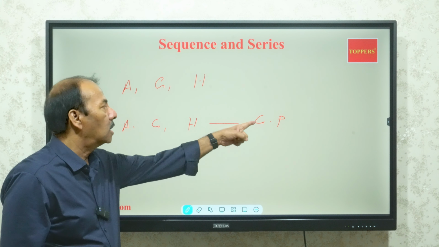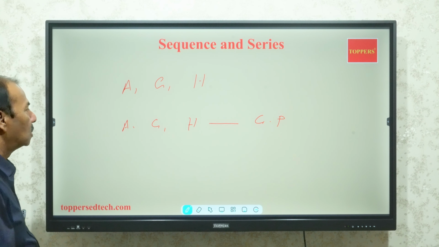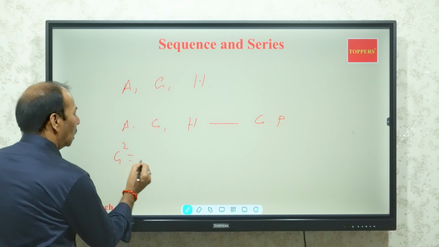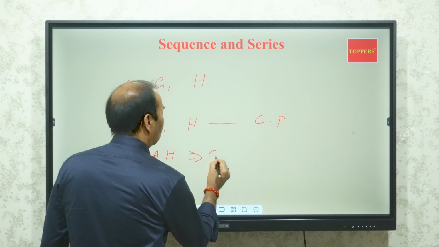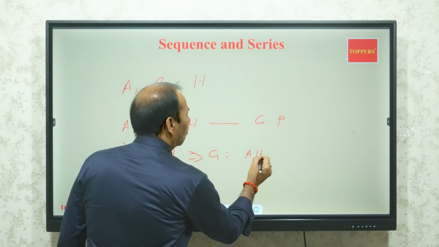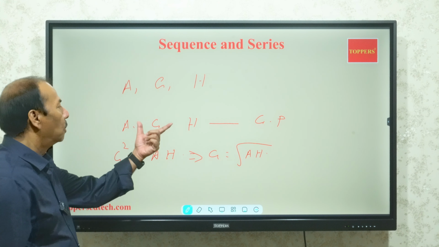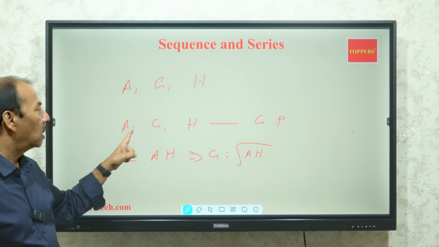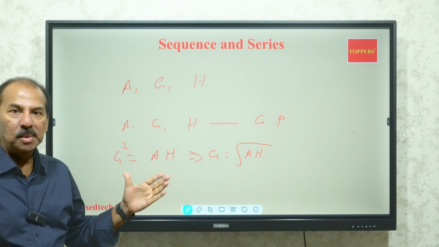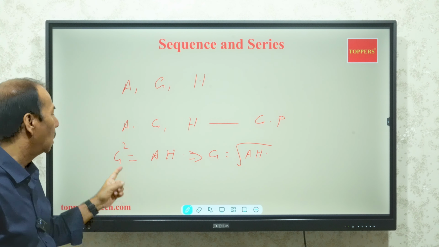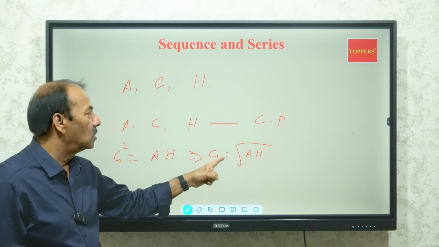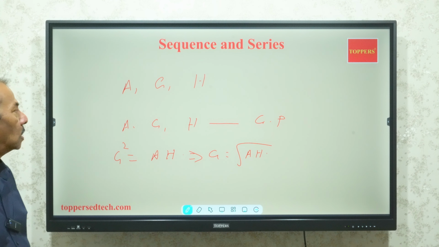These three means are in geometric progression such that from here again we will get G square is equal to A into H, or this implies G is equal to square root of A into H. So if you form a sequence of arithmetic mean, geometric mean and harmonic mean between the numbers, then they themselves are in geometric progression, and from there we get G is equal to square root of AH.